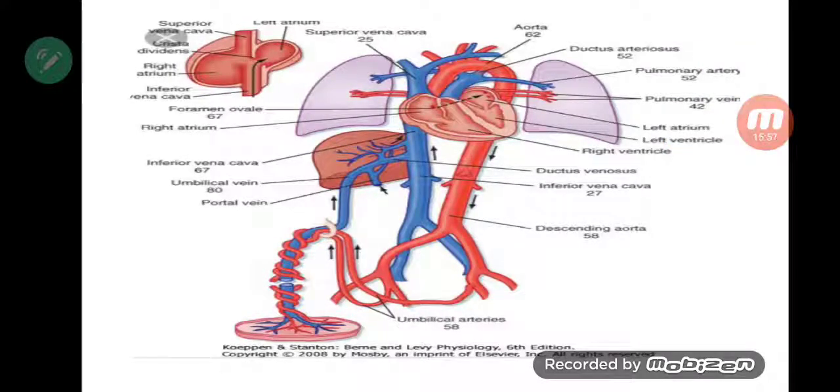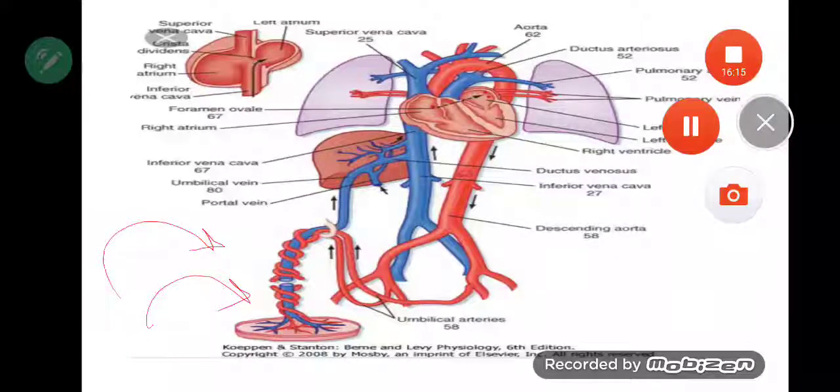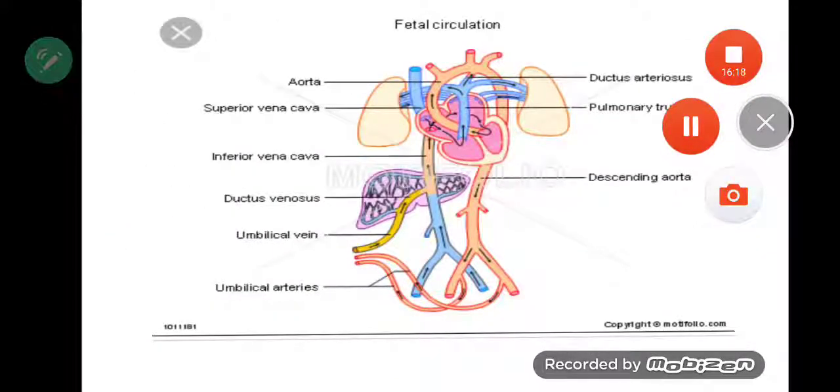For the baby inside his mother's abdomen, there is blood supply from the placenta through the umbilical cord. We have the umbilical artery and umbilical vein, which supply the fetal circulation.